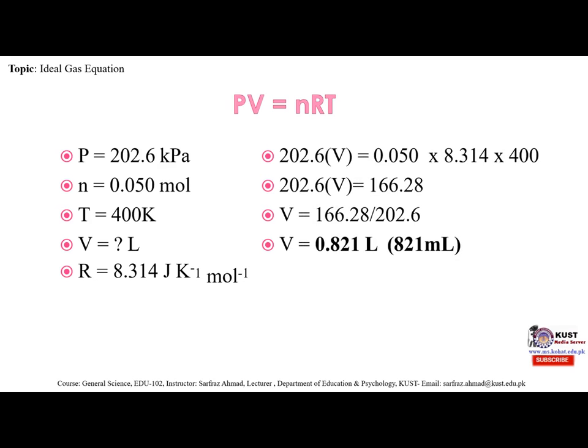Now 202.6 times V will be equal to 0.050 into 8.314 into 400. This is as per PV = nRT. Here 202.6 is P, then V, and small n is equal to 0.050 mole, and capital R is 8.314 joule per Kelvin per mole, and then T for temperature is equal to 400 Kelvin.